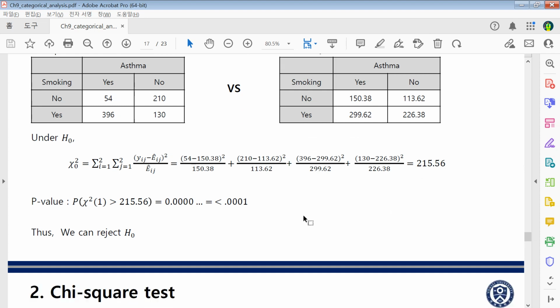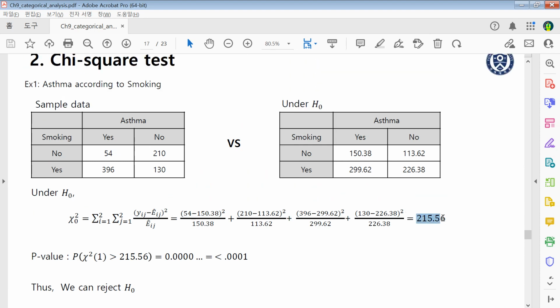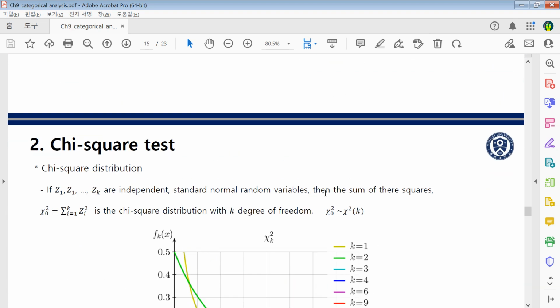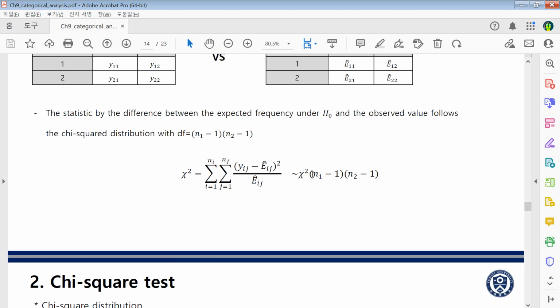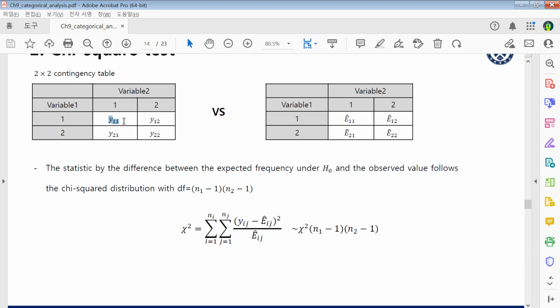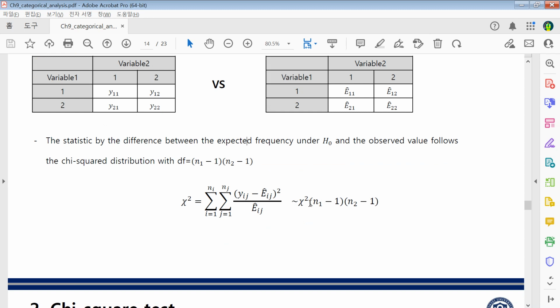And we know that this test statistic follows the chi-square distribution with degrees of freedom equal to n1 minus 1 multiplied by n2 minus 1. Because n1 is 2 and n2 is 2, our degree of freedom in this situation is 1, because it is nothing but 1 multiplied by 1.